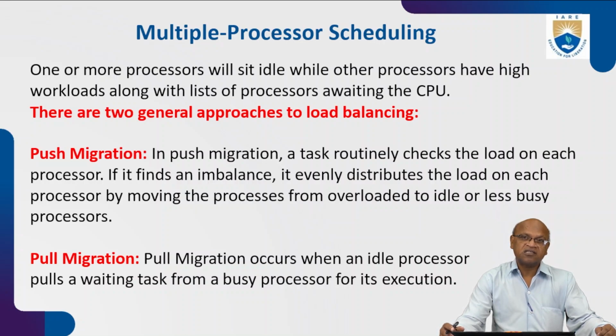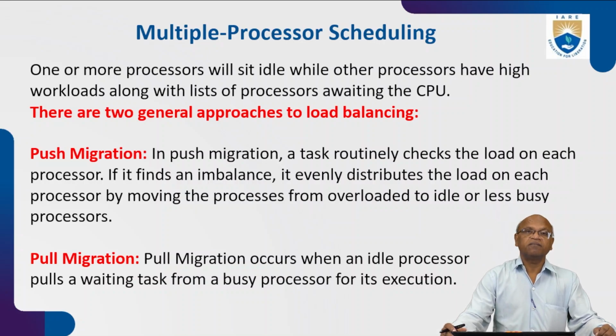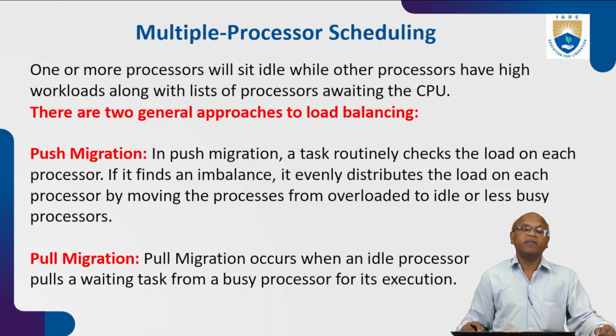Because the instructions should be distributed equivalently, one processor should not sit idle while another is working. That is called imbalance. In that case there will be push migration, and pull migration occurs when an idle processor pulls a waiting process from a busy processor for its execution. So this is load balancing.